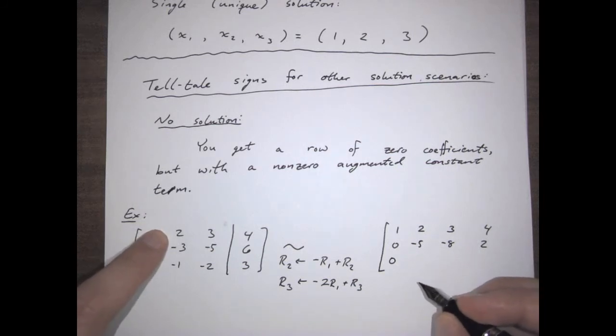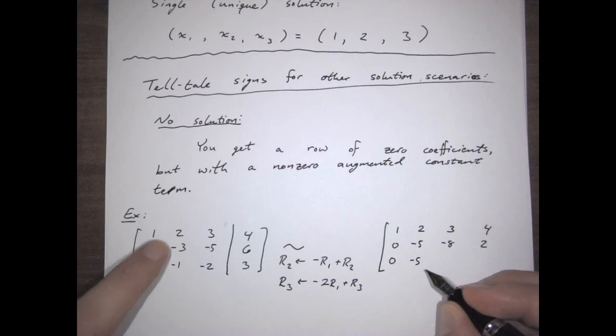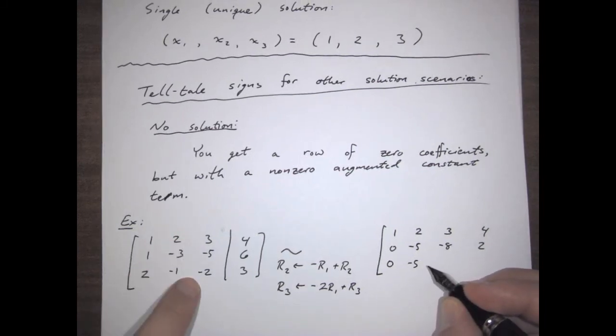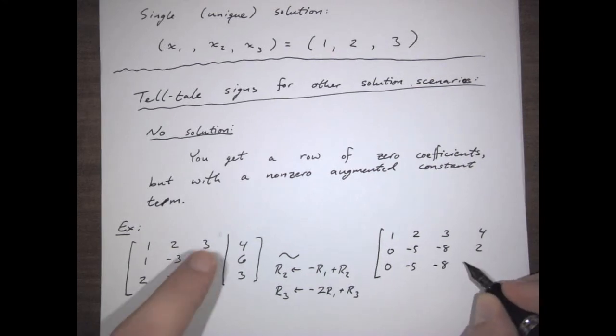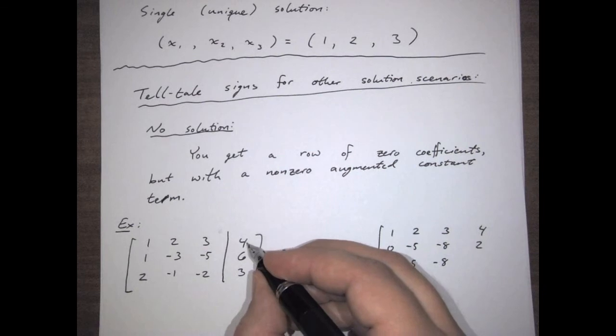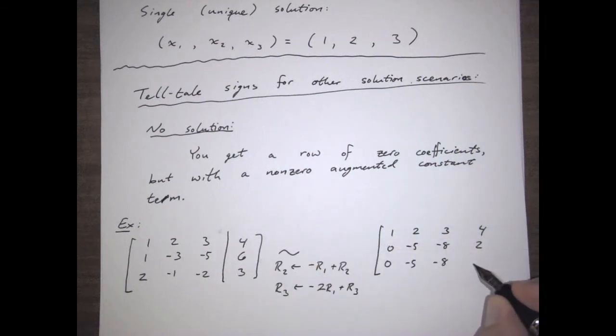Negative 2 times 2 is negative 4, plus negative 1 is negative 5. Negative 2 times 3 is negative 6, plus negative 2 is negative 8. And negative 2 times 4 is negative 8, plus 3 is equal to negative 5. Okay.